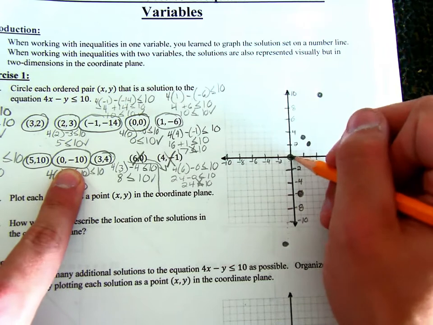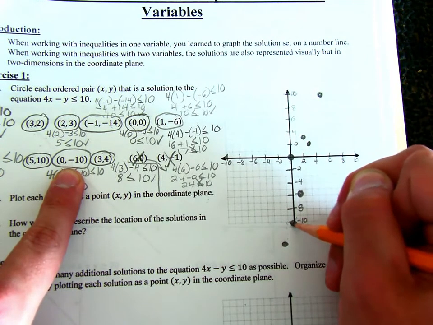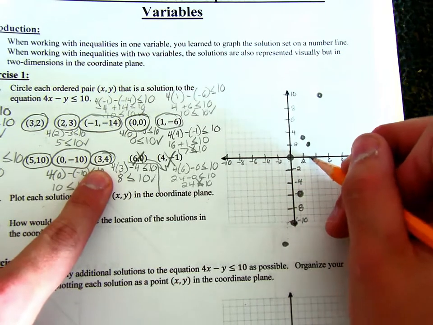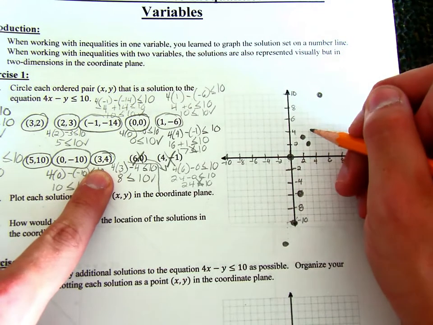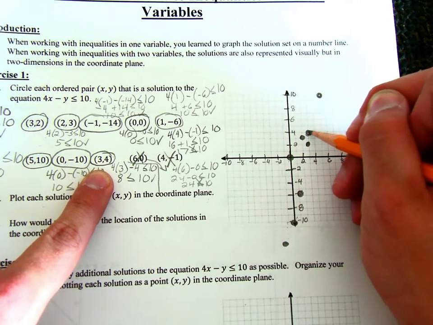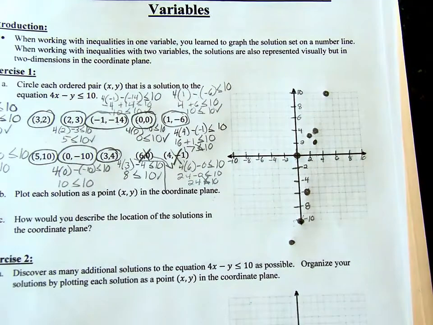Oops, actually 0 on the x, negative 10. It'll be down here. 3, 4. So I go over 3, up 4. And then I don't plot either of these because they're not part of our solutions.